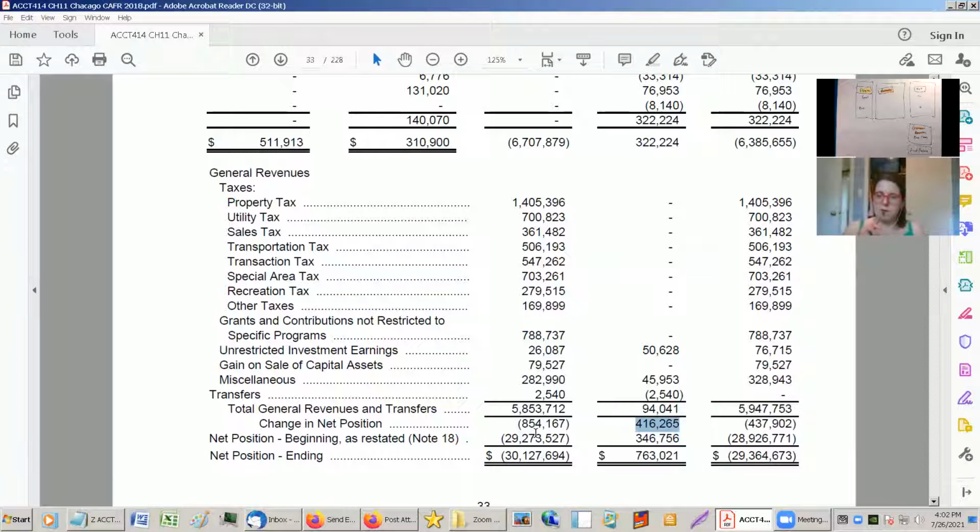You know what I mean? They're still short. And this is after 1.4 billion in property taxes and everything else. They are just not getting it.